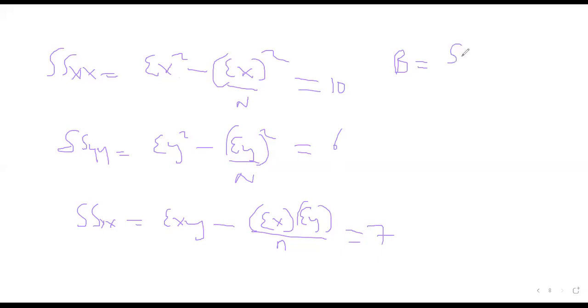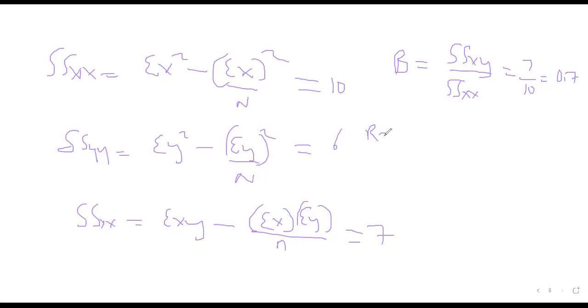Slope is what? XY divided by XX. So what is our slope? 7 over 10, which is 0.7.